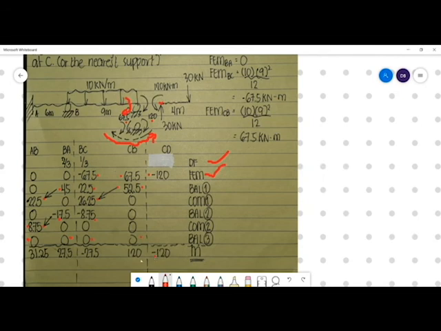120, negative 120, negative 27.5, positive 27.5. No? Tapos, we have 22.5, 8.75. Okay, those are the total. And also, wait lang. So let me correct myself on this part. No, this is negative 17.5.